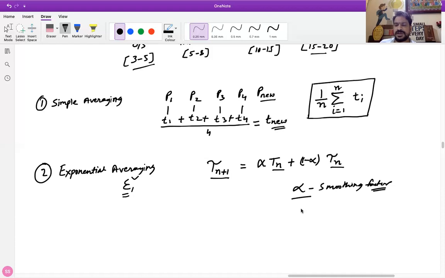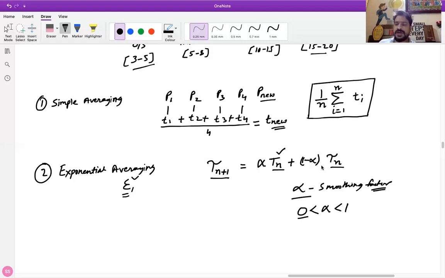The value of this alpha is greater than 0 and less than 1. It is not exactly 0. If we make it exactly 0, we cannot calculate, this Tn will not come into the formula. It will be omitted, because it will be multiplied by 0.